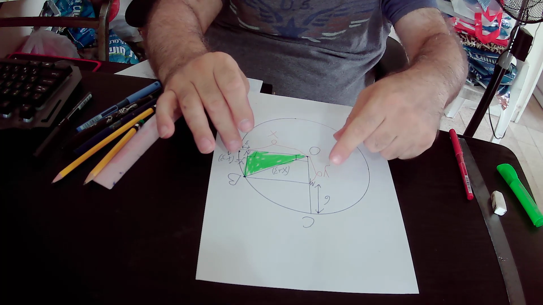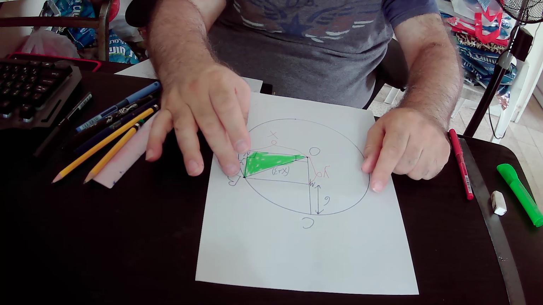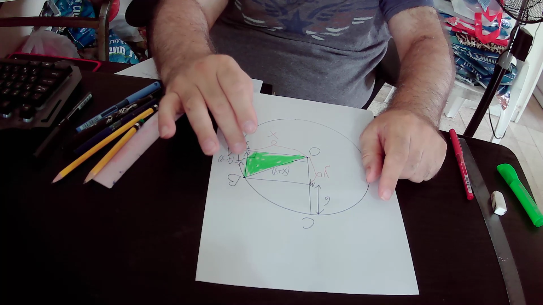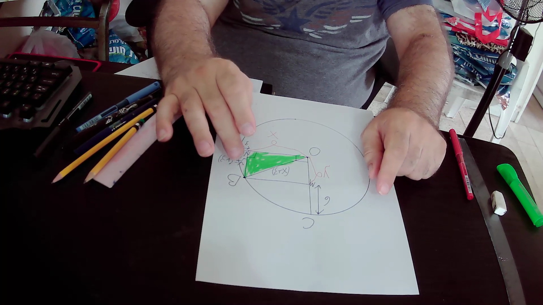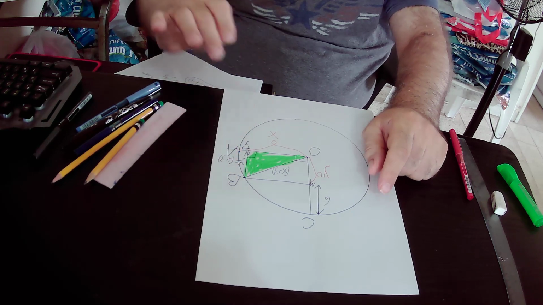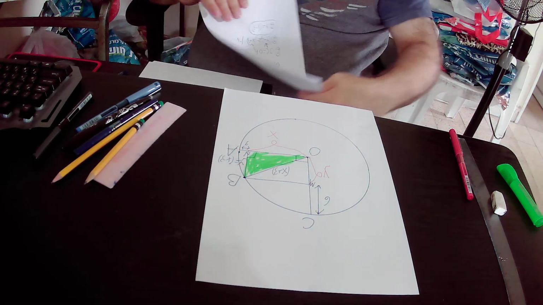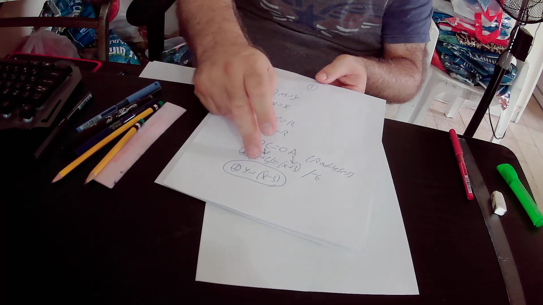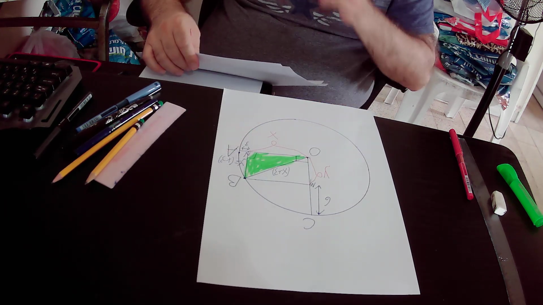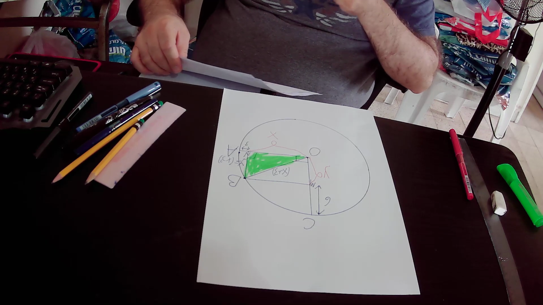So if OM equals y, then NB, that is parallel to OM, will also be equal to y. So NB also equals y. But we know that y equals x minus 3, so we can write here that y equals x minus 3.